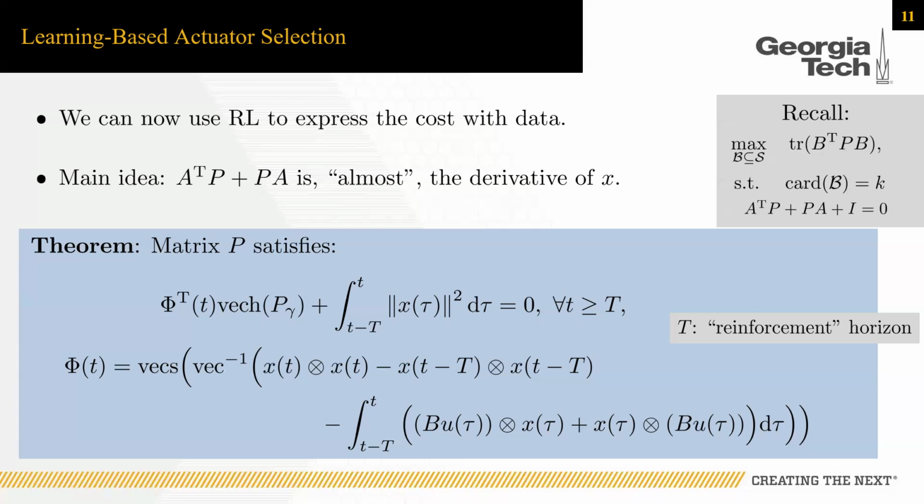So now you see that phi transpose can serve as a basis. The half vectorization of P, because it's symmetric, can serve as an unknown weight vector, okay? And then everything else is known. So I can measure X, okay? So the only unknown here is the P, okay?